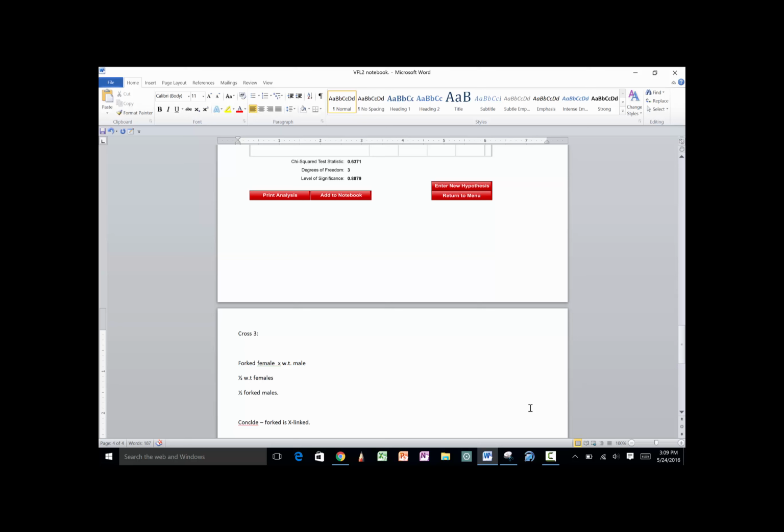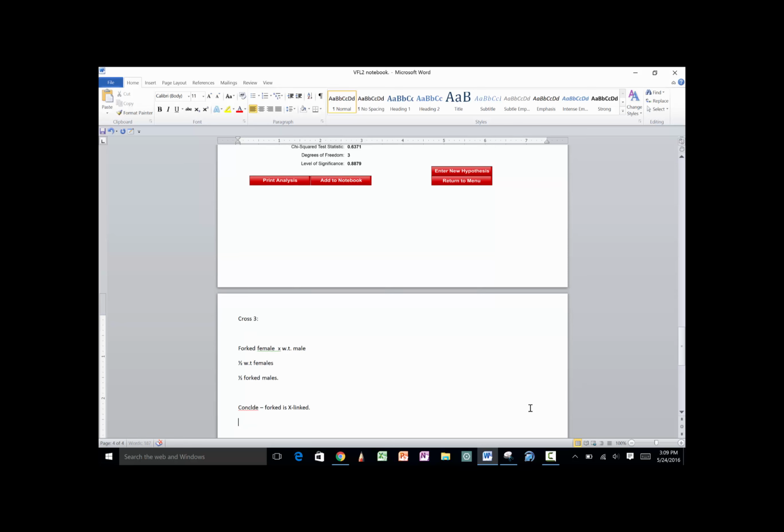Now, I don't have my good pen to draw things, so I kind of have to do it by typing, which makes it hard to do X-linked things. So you'll have to bear with me. It's kind of a pain, but we'll do it.